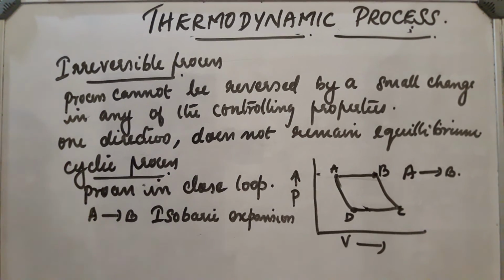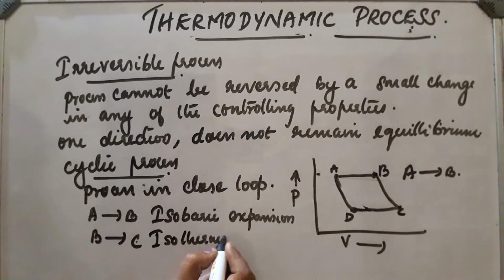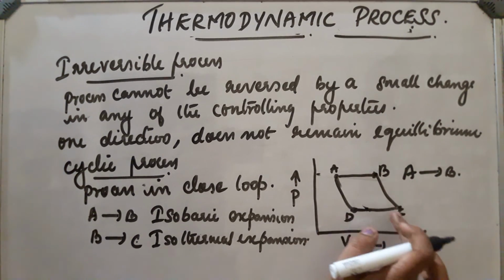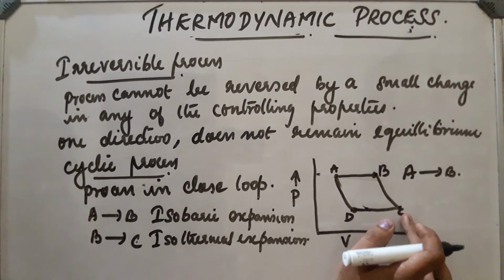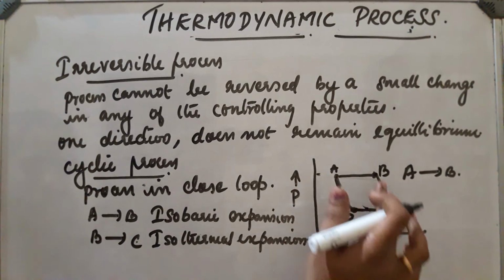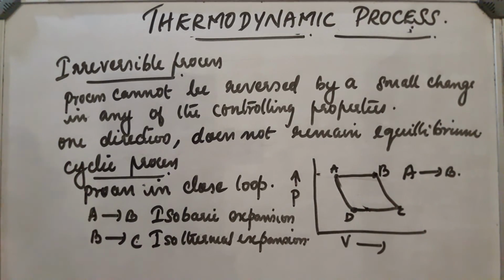Next, B to C is isothermal expansion. From B to C there is a change in the volume, so expansion takes place but the temperature remains constant. Pressure decreases from B to C.